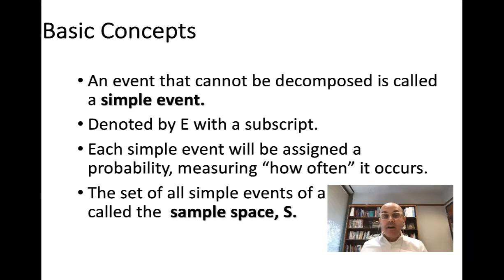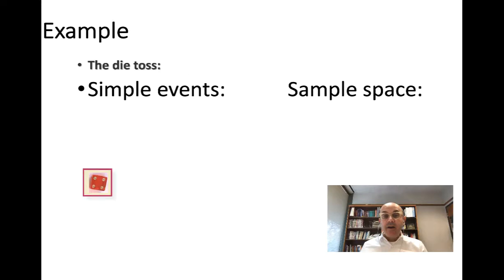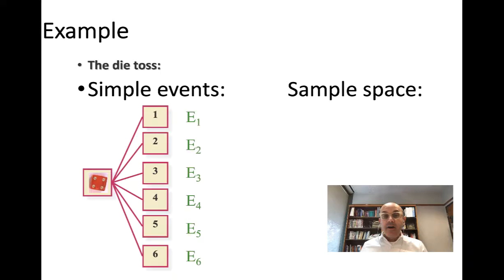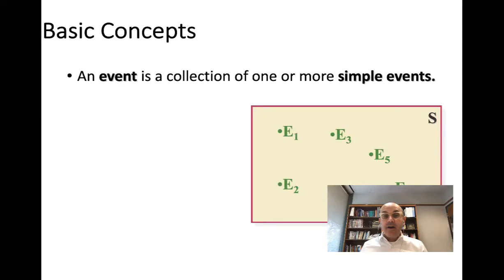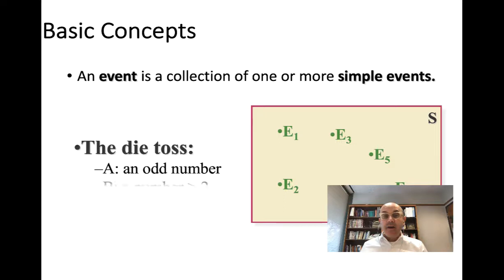And the sample space is denoted as S, compared to a simple event, which is described as E. So I want you to remember the difference between a sample space and a simple event. An event is a collection of one or more simple events.